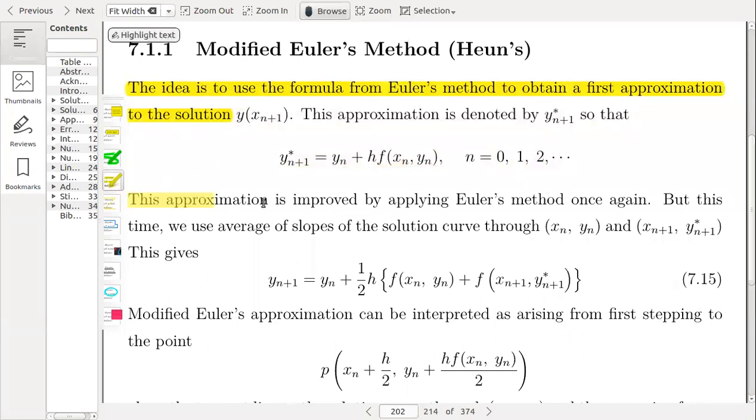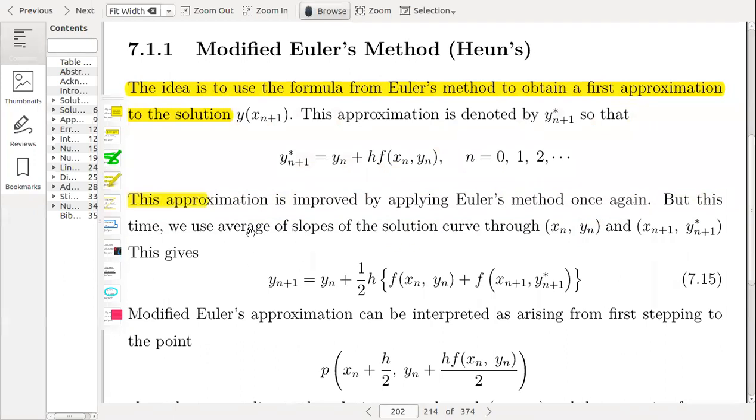So this approximation is improved by applying Euler's method once again. But this time we use the average of slopes of the solution curve through xn yn and xn plus 1 yn plus 1 star.